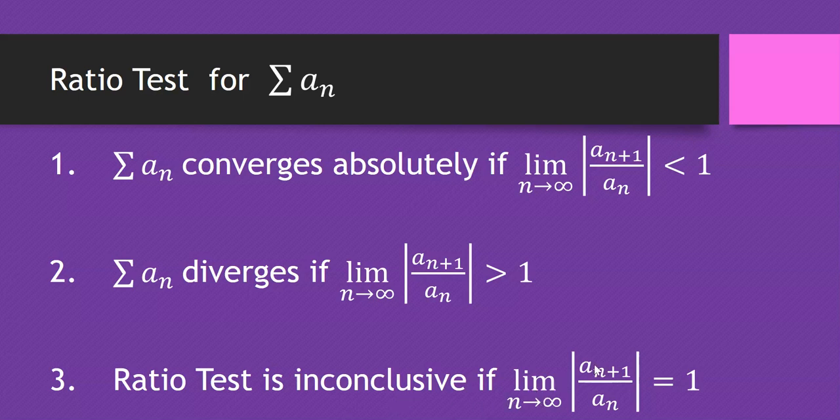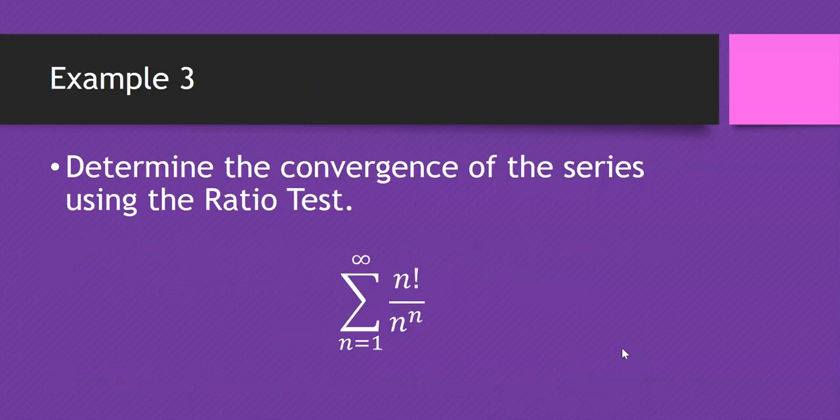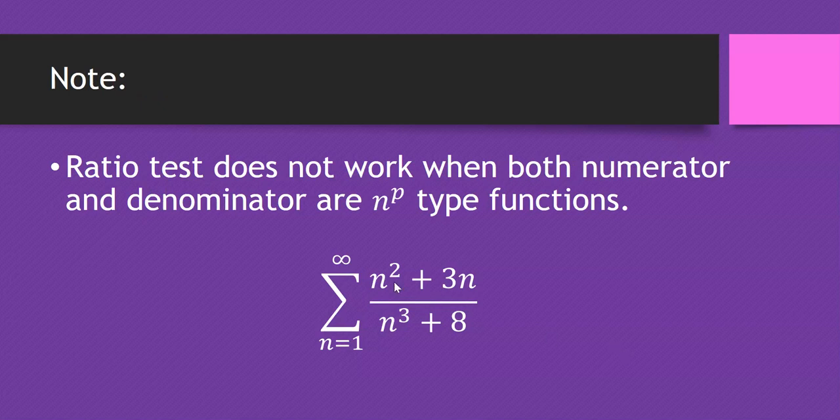You take the limit of the n plus 1 term over the nth term, and it turns out it'll give you a 1. So with an infinite series whose underlying sequence is n to the p over n to the p, we have to use another test rather than the ratio test.